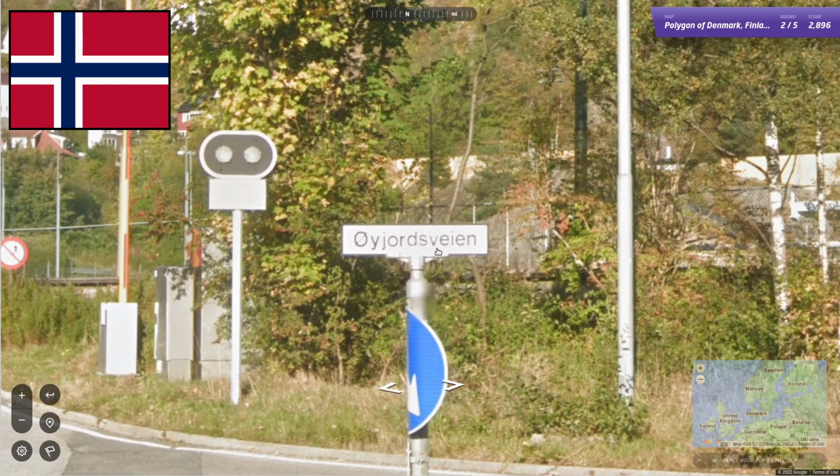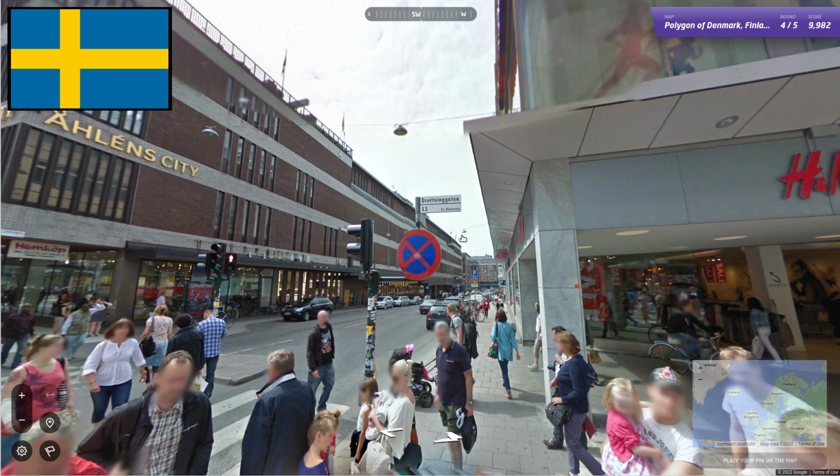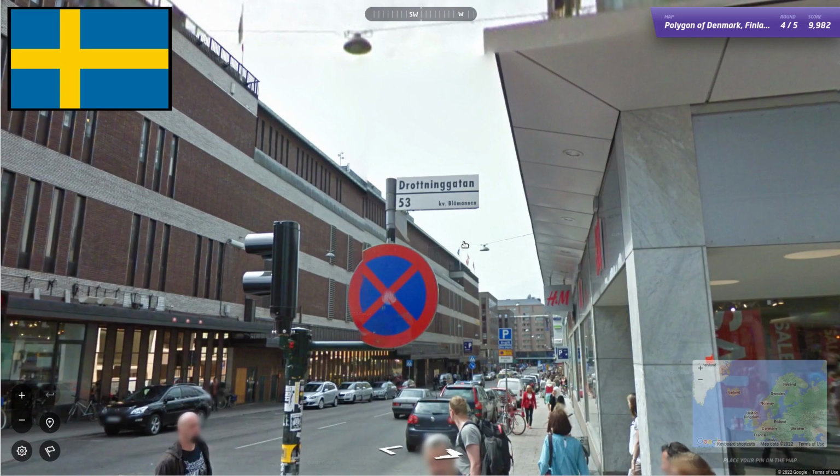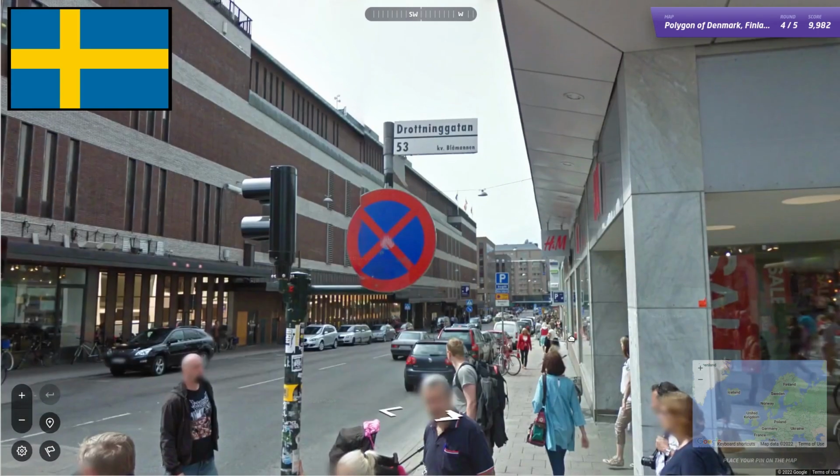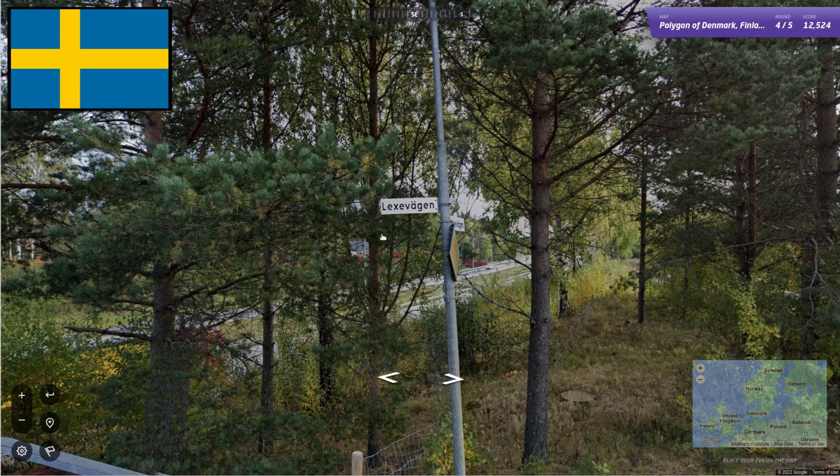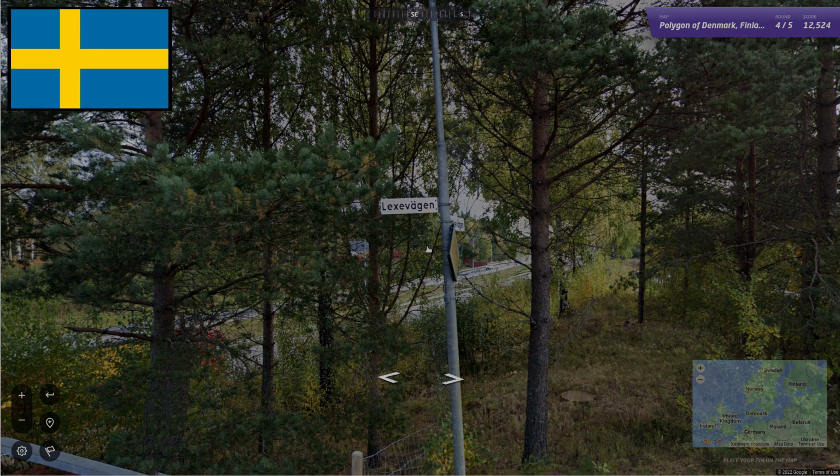It can be also only Vei. This N in the end means that it's the road. Drottninggatan, Queen Street. Gatan is Swedish for street, and this is Swedish. Leksevägen with an Ä and G.